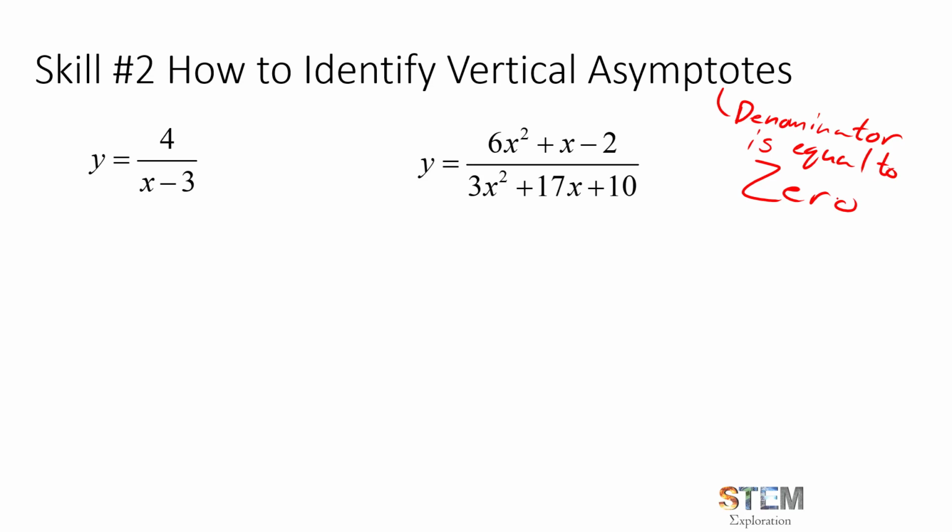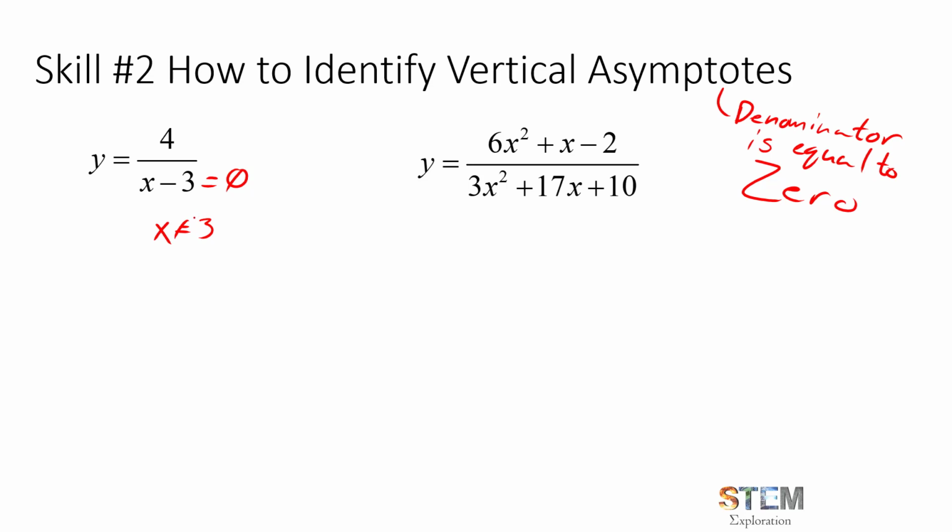Because if the denominator equals 0, that value cannot exist, or it causes the function that we're looking at to be undefined, and so it doesn't work. So we're going to do this again. You probably don't even need to do any complex math in this situation. We could probably just set up this basic equation like this and add 3 to both sides and say, hey, x cannot equal 3 theoretically.